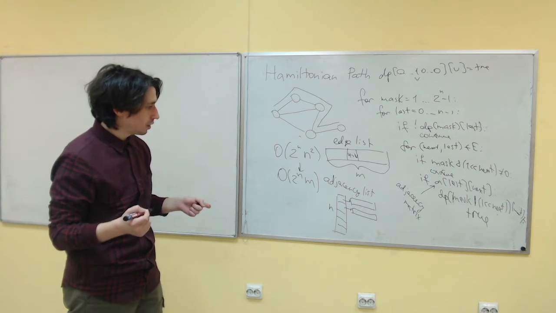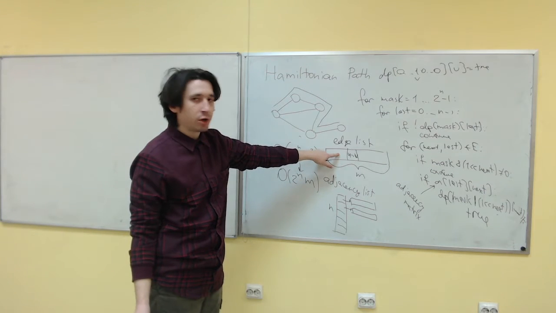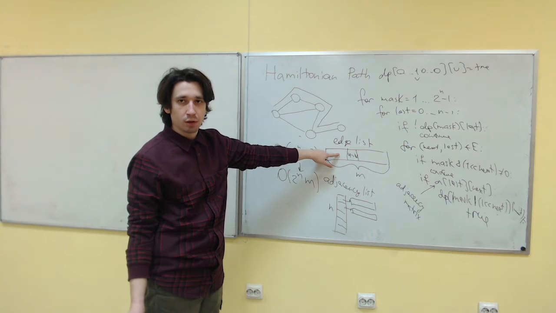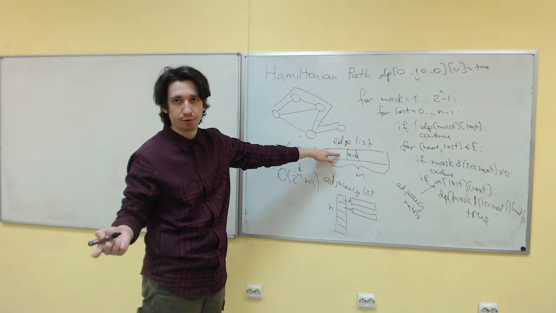So let us consider what the memory complexity of each is, how much we store. For the edge list, we have n, the number of vertices, and m, the number of edges.